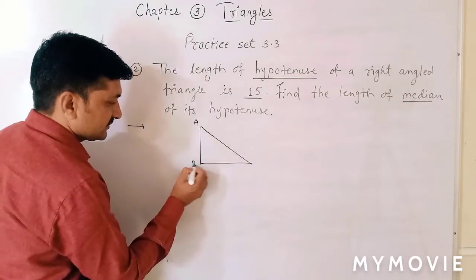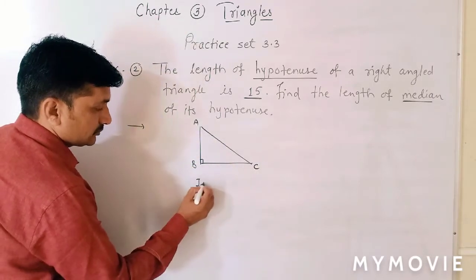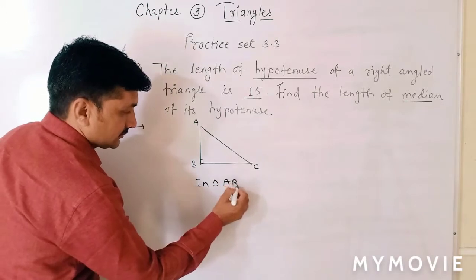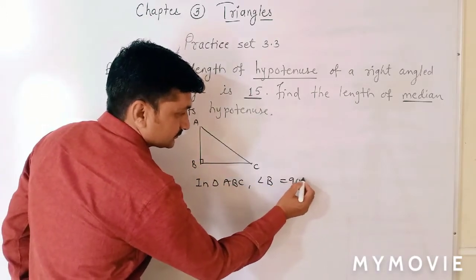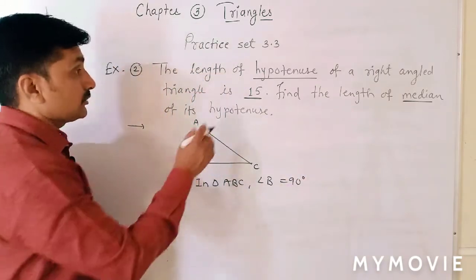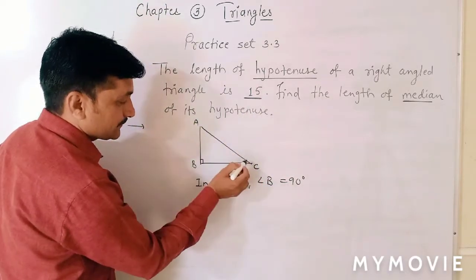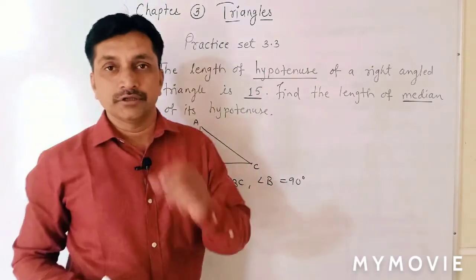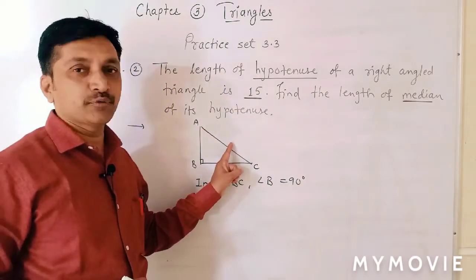I write its name ABC. This is a right angle triangle, angle B is 90 degrees. In triangle ABC, angle B is equal to 90 degrees. That's why this is a right angle triangle. Now we want the median of the hypotenuse. The hypotenuse is AC, and median means the segment joining a vertex and the midpoint of the opposite side.